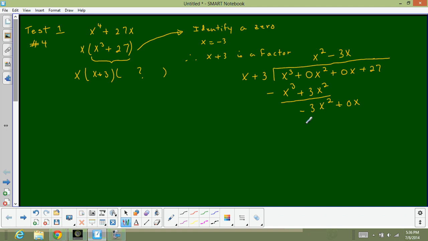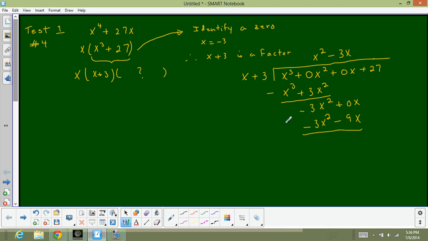So again, you identify the term here and ask yourself, x times what is going to give me negative 3x squared? Well, that would be negative 3x. So when you do this multiplication, you get negative 3x squared. There's the match, just the way I planned it. And then on the next term, that's minus 9x, because 3 times minus 3x is minus 9x.